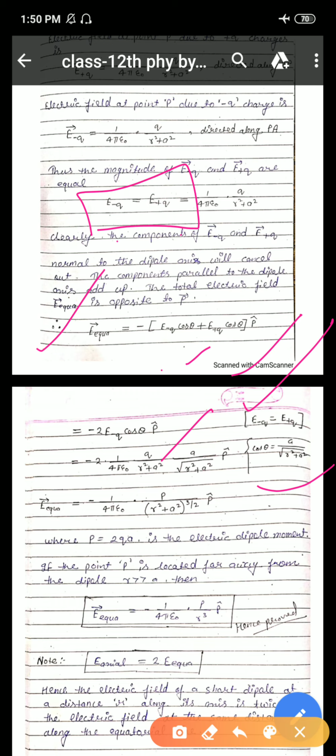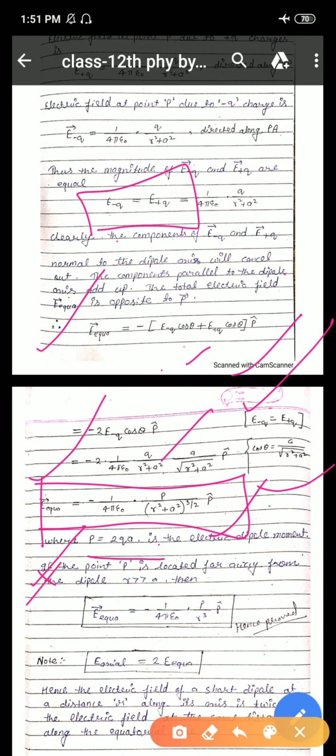You have to calculate the value of cos theta in the diagram. Is it clear? Now the electric field at equatorial is minus 1 upon 4 pi epsilon naught P upon (r square plus a square) whole power 3 by 2, and P is the unit vector. Here P is the electric dipole moment and its value is 2qa. Is it clear?